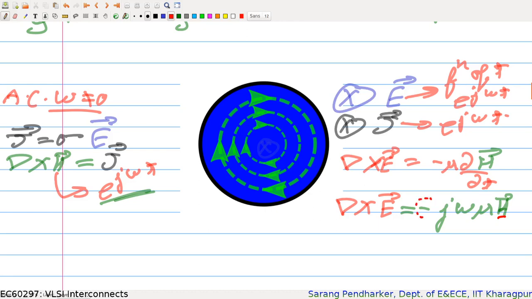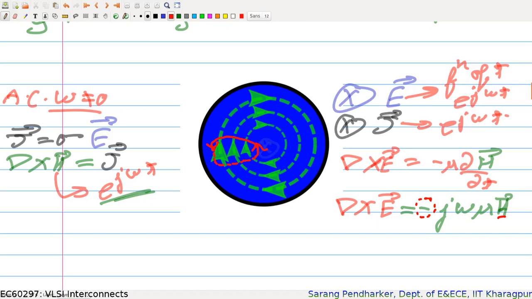So the direction of my electric field will be opposite to the direction of the fingers of my right hand if my thumb points the direction of my magnetic field. So my thumb is pointing in this direction, my electric field in that case would be circulating something like this. This is for this direction.